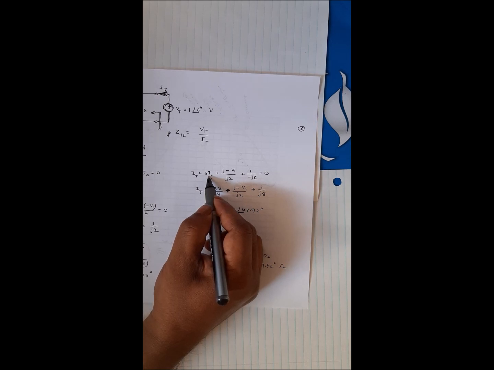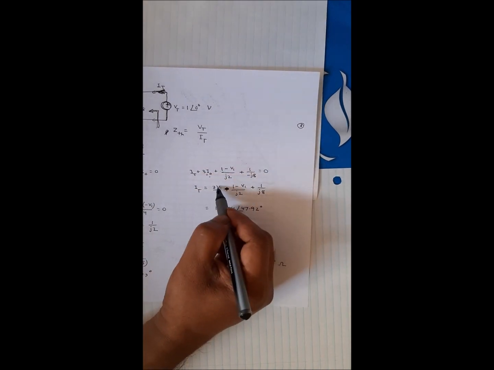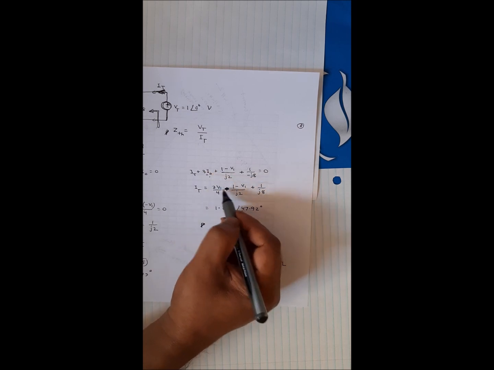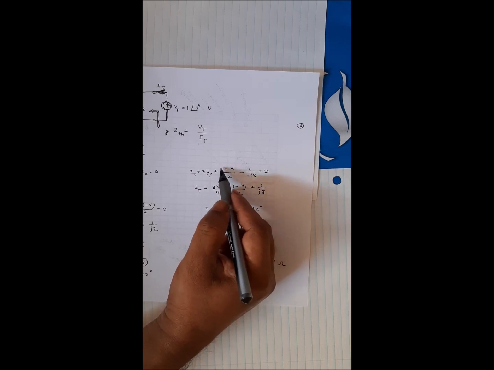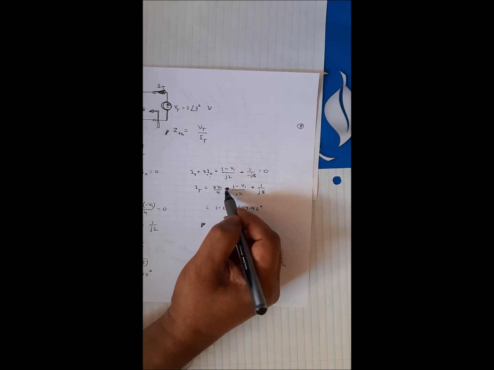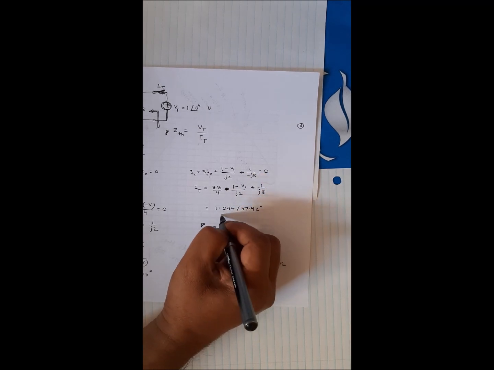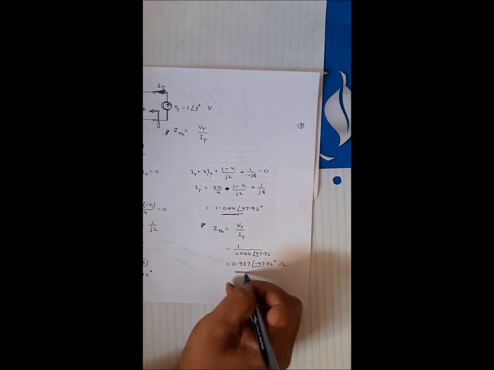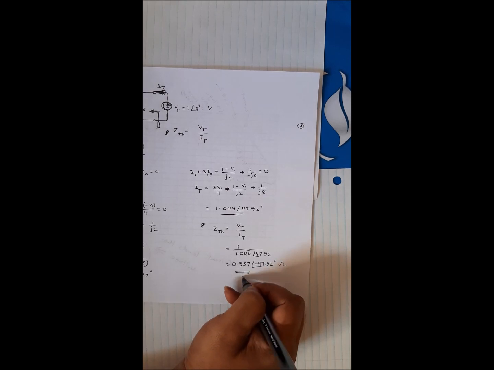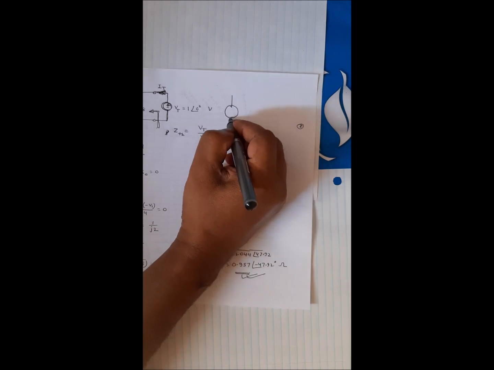IO is negative V1 over 4. So I put negative V1 over 4 and replace it to the right hand side. It becomes 3 V1 over 4, and 1 minus V1 over J2 negative, and this is positive 1 over positive J8. So you get IT equal to this. Now if I find the Thevenin impedance Vt over IT, the Thevenin impedance is this. So we got the Thevenin impedance here, and we already found Thevenin voltage.